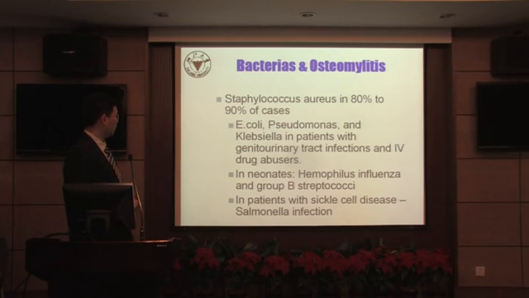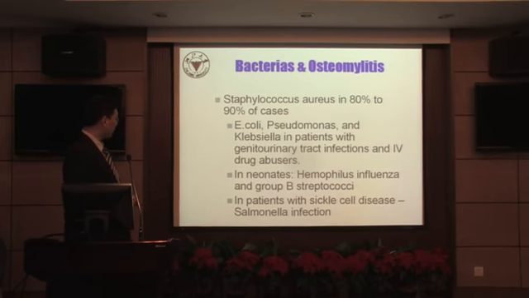We also know that in neonates, there are Haemophilus influenzae and group B streptococcus. In patients with sickle cell disease, Salmonella infections are also involved in this kind of osteomyelitis.